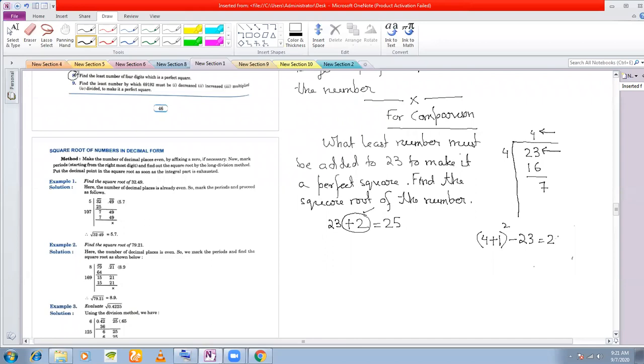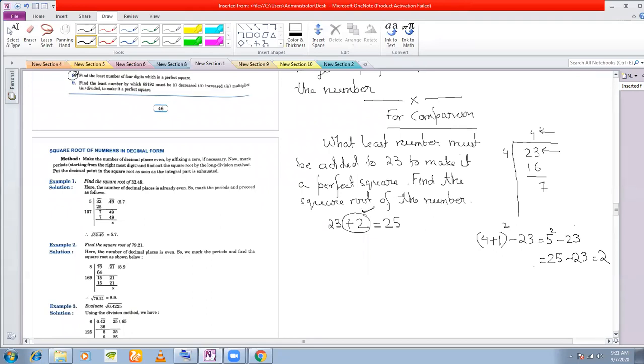So this makes it 25. In fact, 5 square minus 23, which is 25 minus 23, which is 2. That is how we are getting this 2.